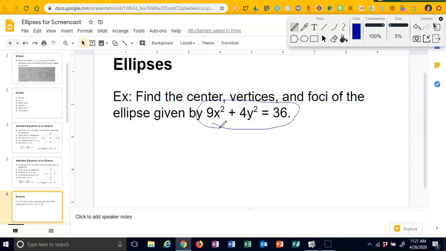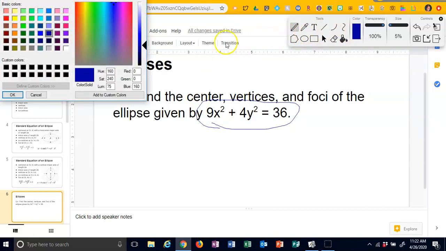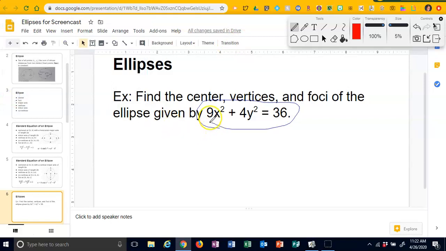What we found is that the standard form will have 1 on the right-hand side. So to get 1, I'm going to take this equation and divide both sides by 36.